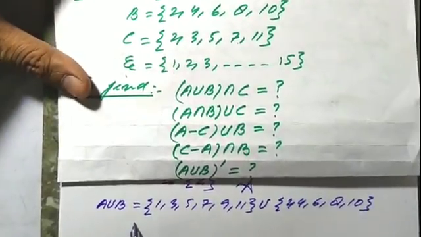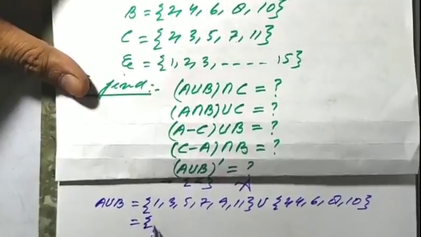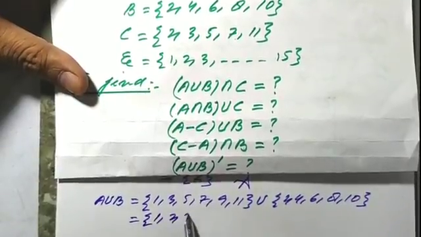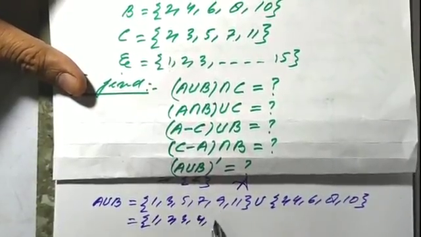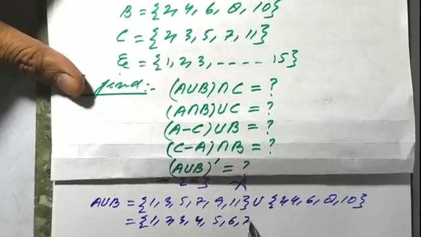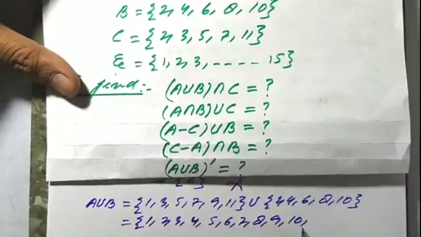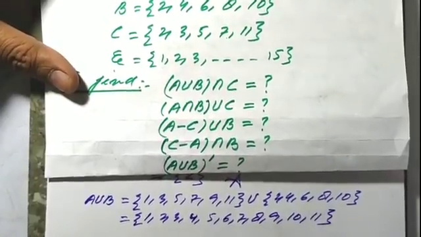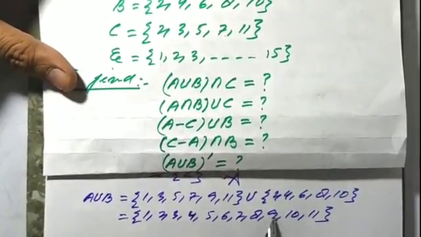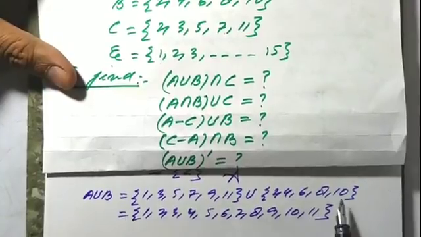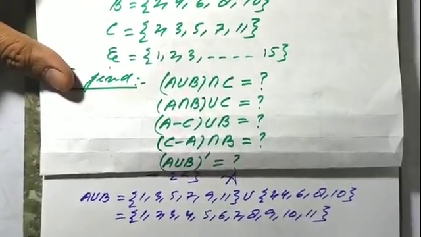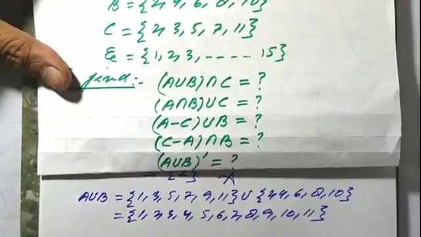In the union, we take all the elements of both the sets, whether common or uncommon. So 1, 2, 3, 4, 5, 6, 7, 8, 9, 10, 11. So we have taken all the elements of A and B, and this is A union B.